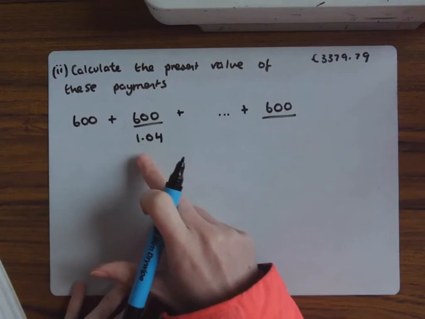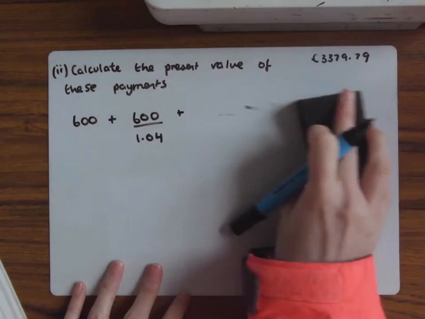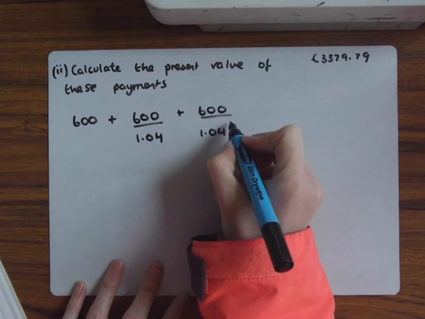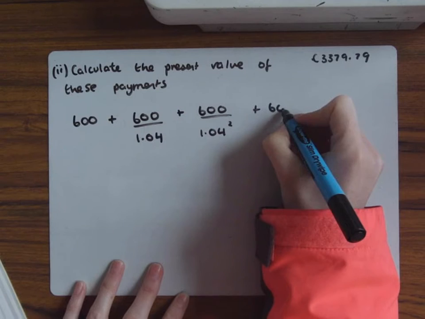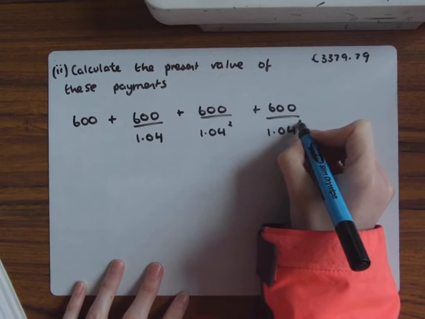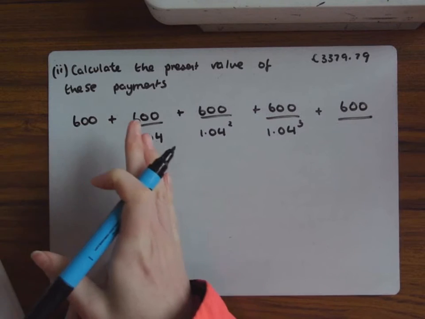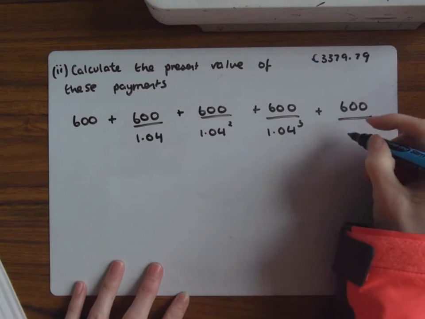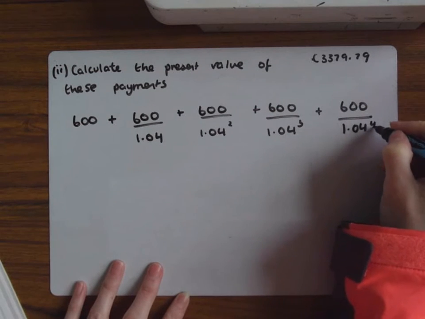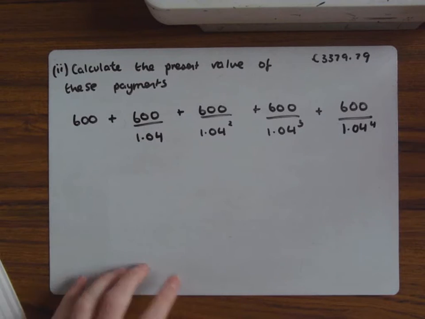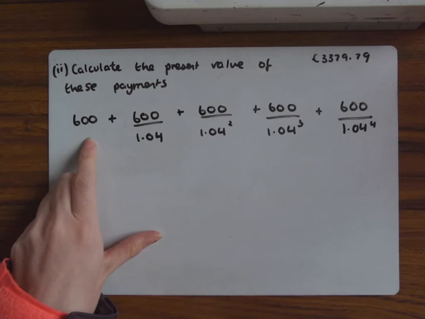I do have 5 terms. I'm actually going to write it out because I think it'll be easier. So this one is to the power 2. This one is to the power 3. Now it's 5 years: 1 payment, 2, 3, 4, 5. So the difference here is that it's to the power of 4. The reason it's different is because our first payment didn't earn any interest.